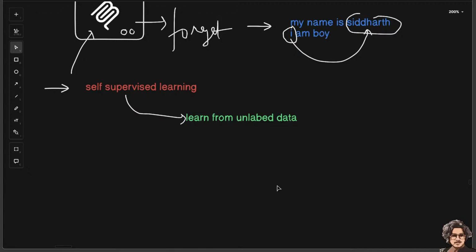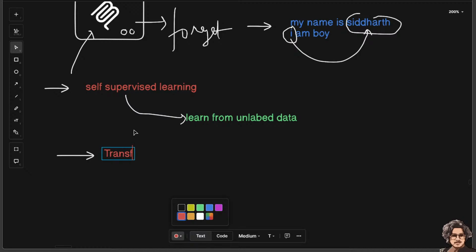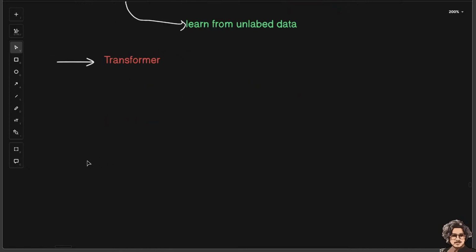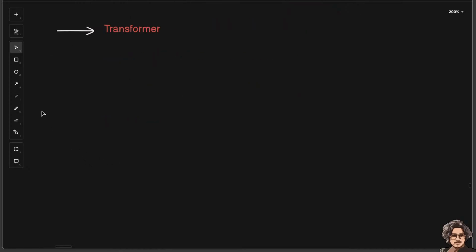And the most important question now: what is a transformer? The transformer was introduced in 2017.